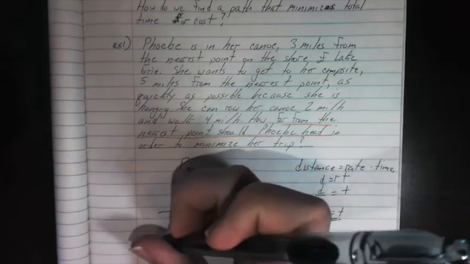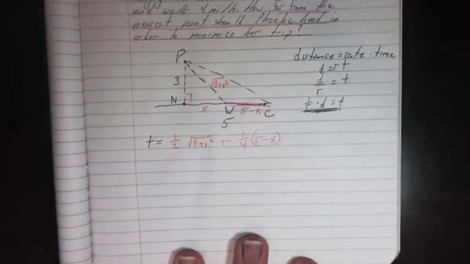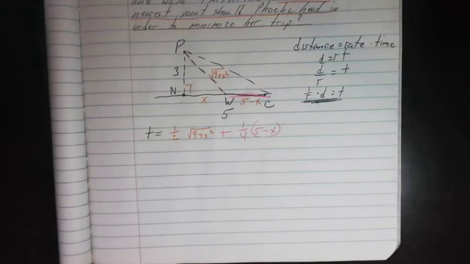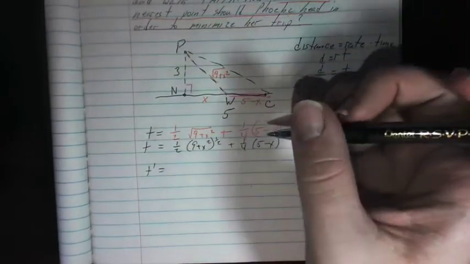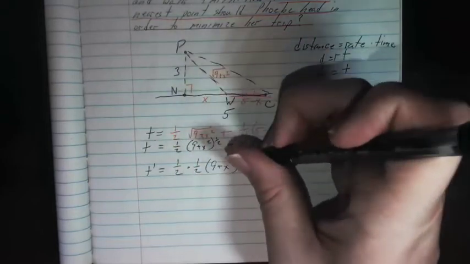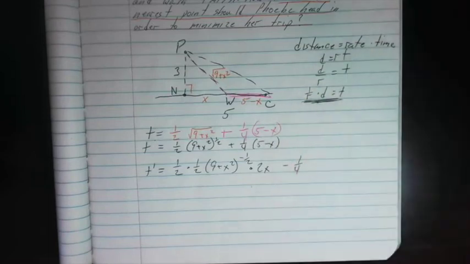That's the total t. Well, we need to find the derivative. Once we find that derivative, set it equal to 0, and we solve. So let's go for it. That's the derivative.